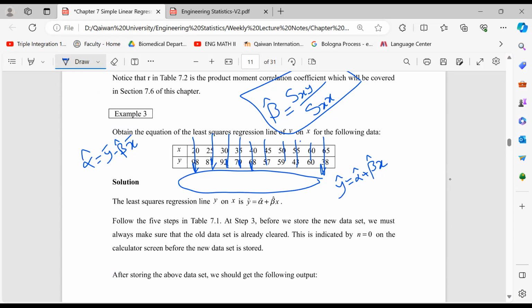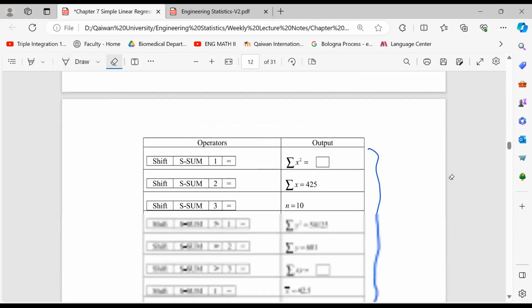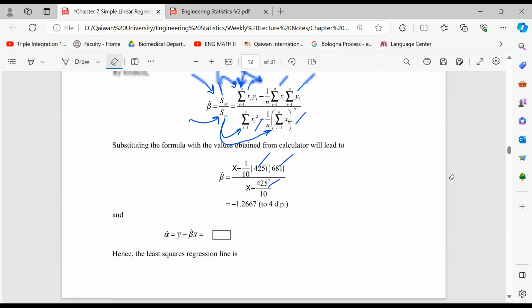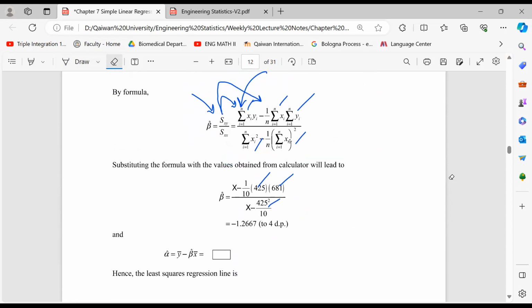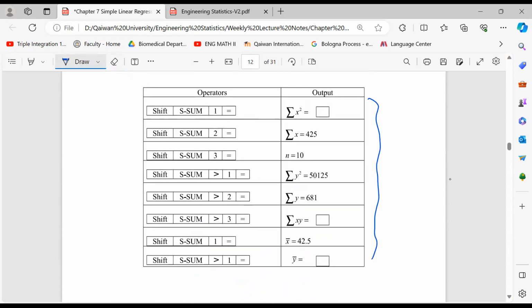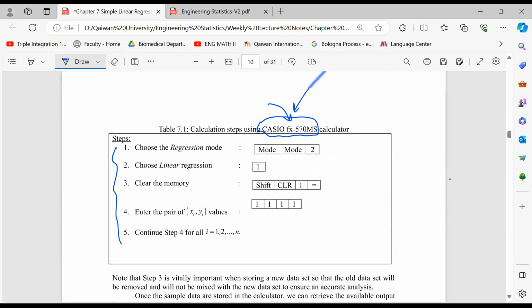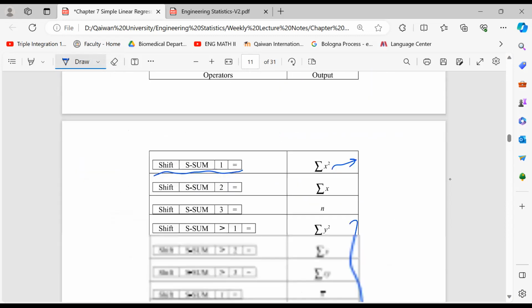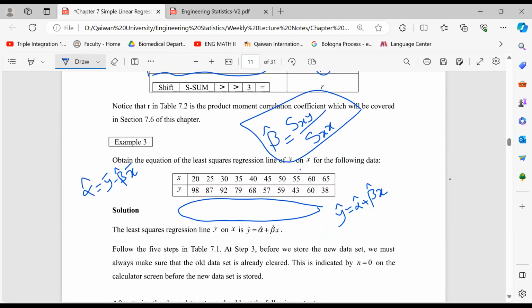How about the sum of xi squared? We square all elements of x and then find the sum of the squares. We square 20, we square 25, we square 30, we square 35, up to 65. We square all and then find the sum of their squares.